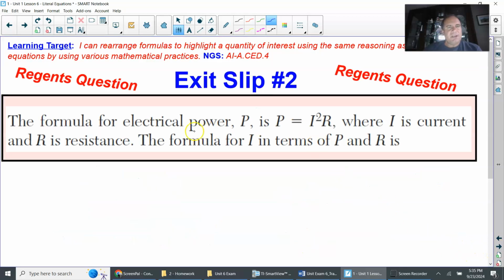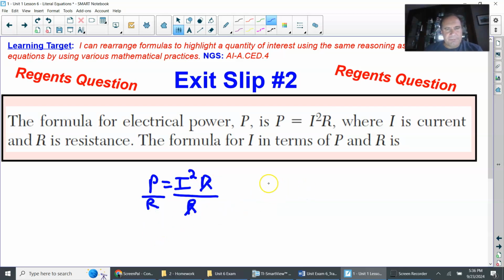Really good. All right, the formula for electric power, P is P equals I squared R. They like throwing that squared in, where I is the current and R is the resistance. Formula for I in terms of P and R is, so they want you to solve for I. So I'm going to go ahead and divide by R on both sides. This cancels.